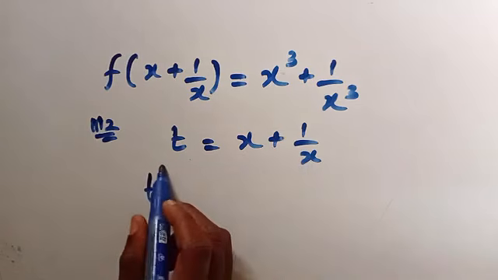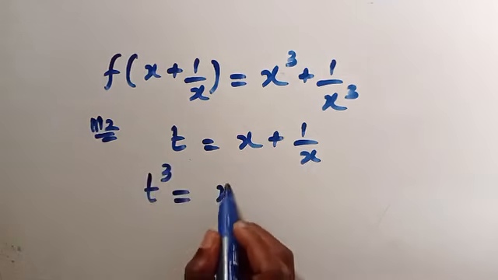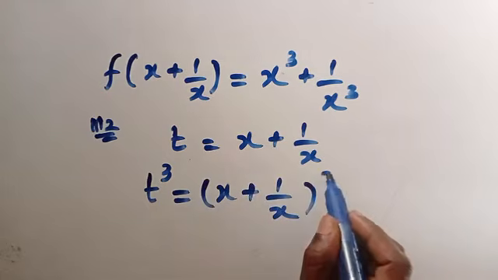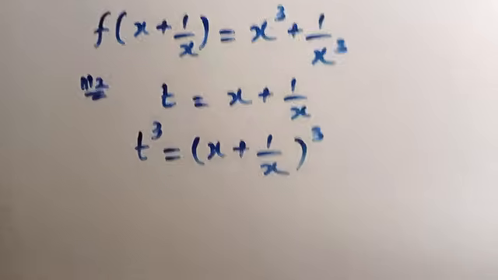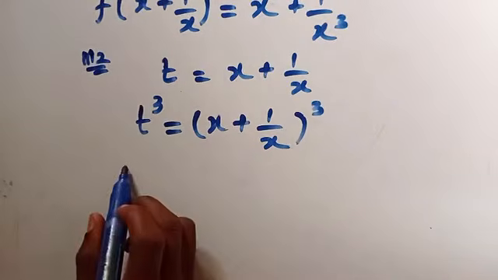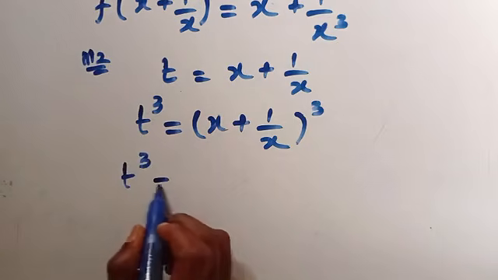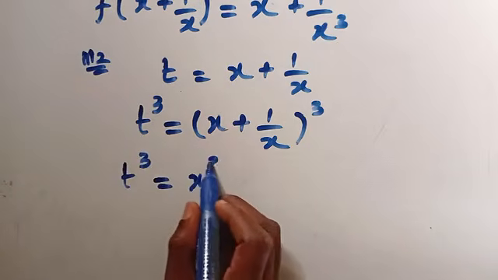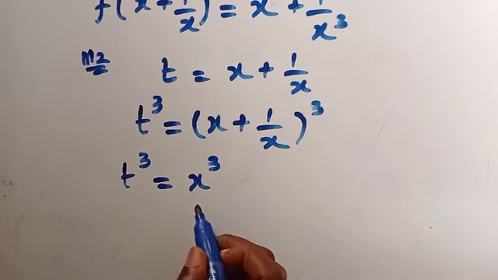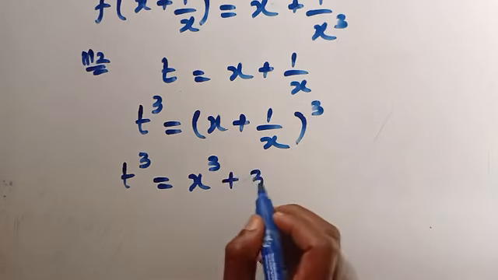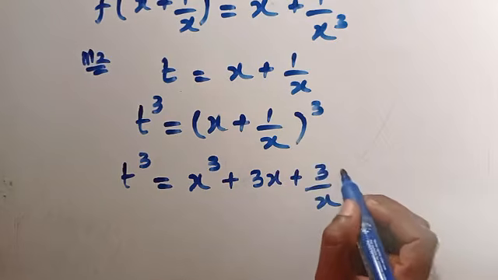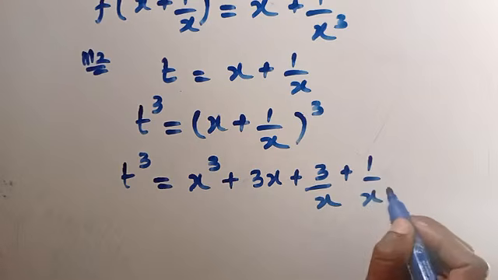We are going to have t power of 3 equals x plus 1 over x, then all raised to power of 3. From here, if I try to expand this out, we are going to have t raised to power 3 equals, by using the normal binomial expansion, x power 3 plus 3x plus 3 over x, then plus 1 over x cubed.